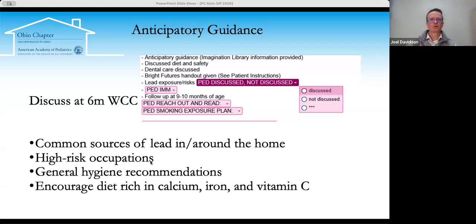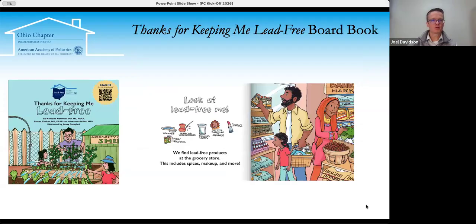Okay, go to that. One of the tools that we've developed, Rupa and Dr. Tucker and Dr. Newman have put together an awesome board book, which is age appropriate at this 6 to 24 month age, that touches on topics around lead. I love integrating books into my care, where you can have a child explore something that's colorful, something that's engaging.